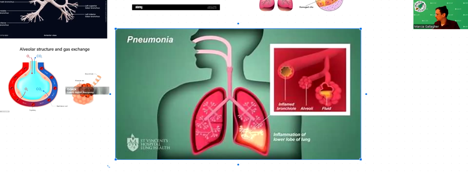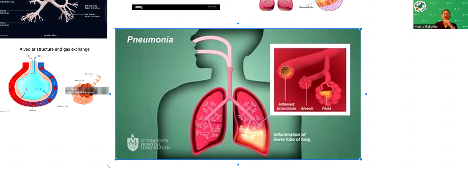Let's see, PE. So that's pulmonary embolism. So we talked about embolisms. That is a blood clot that has formed somewhere in your body, most likely your lower limbs, your legs, your thighs, and has broken off and now has decided to go on a little adventure. And eventually it gets stuck.